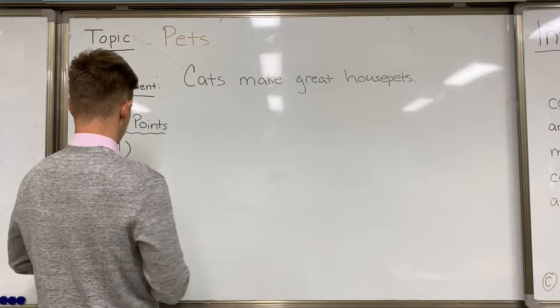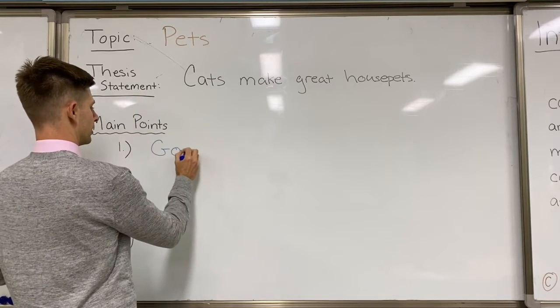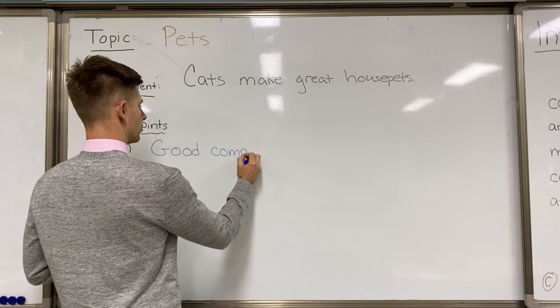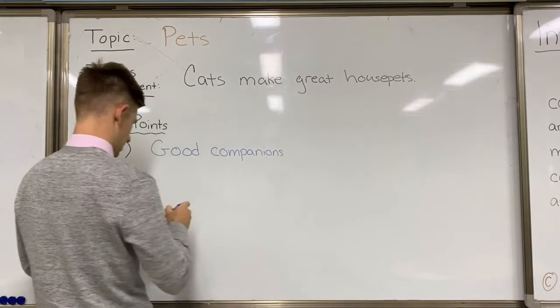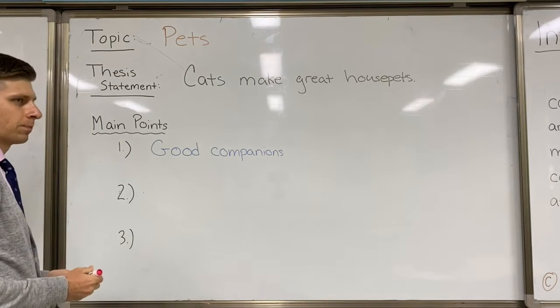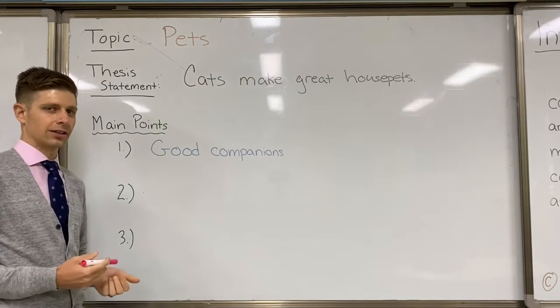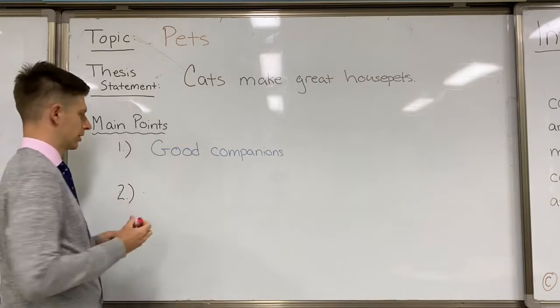Well, for one, let's say that they're good companions or good friends. That's 1 point. Another point would be, let's say that they are civilized, so they follow the rules, they're not wild animals, right?